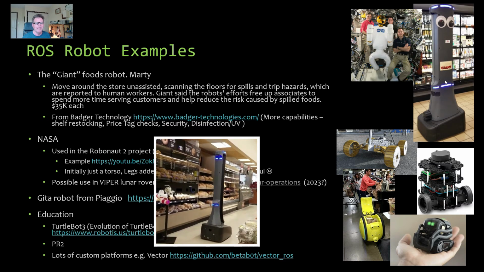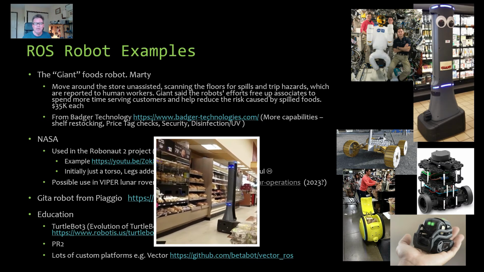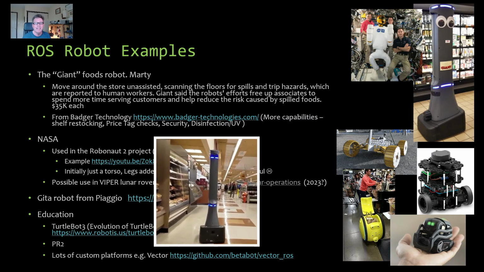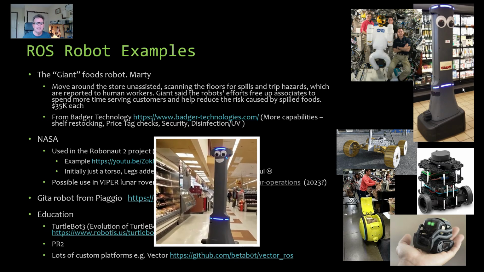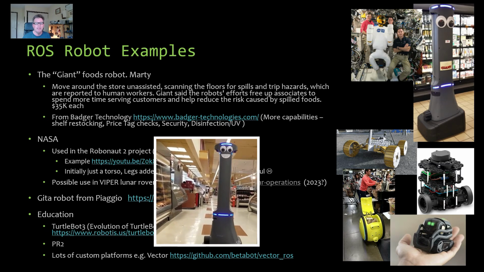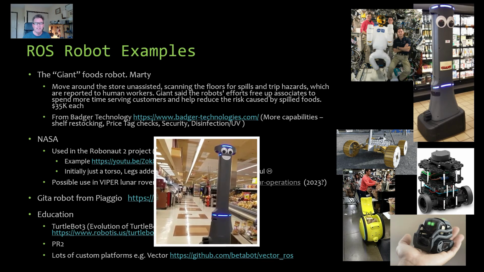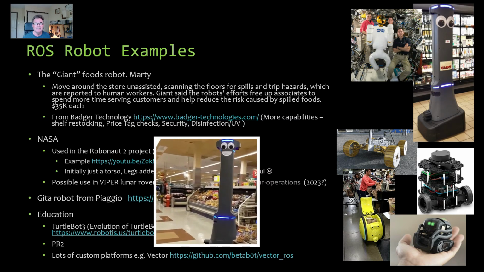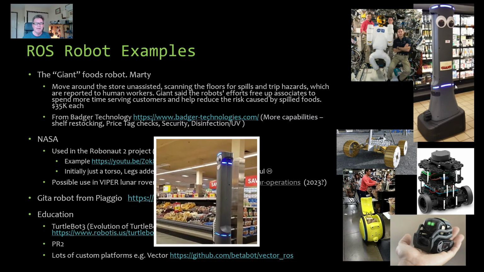It runs around in the aisles of the store, avoids people, seems to know where the aisles are, and can run up and down the aisles. Its purpose, at the moment, is just to look for hazards, like where something's been spilt on the floor, or where there's something on the floor where it shouldn't be, which could trip up a customer. And it reports back to the associates at Giant to clean things up or pick things up.